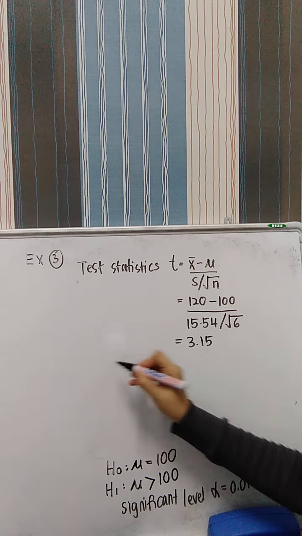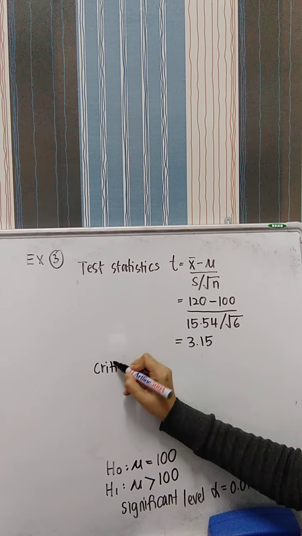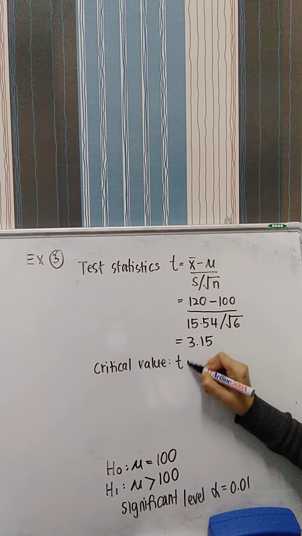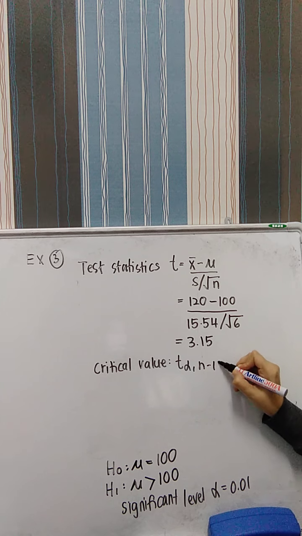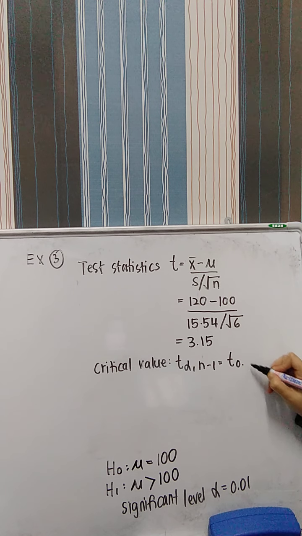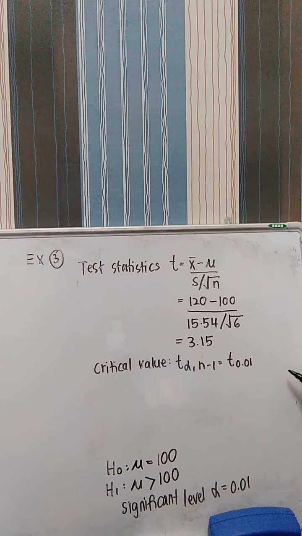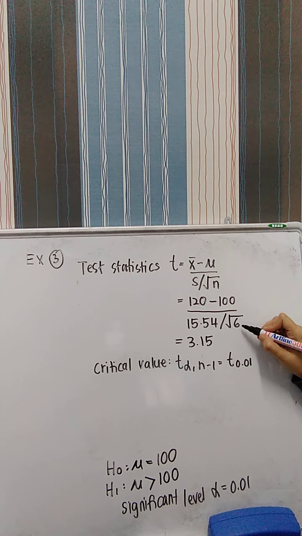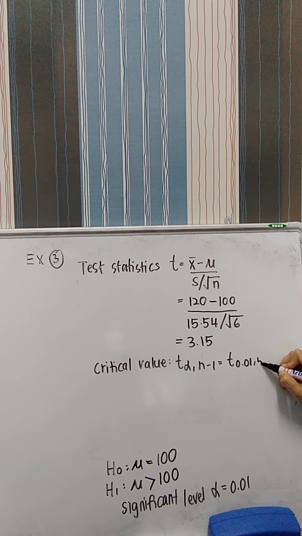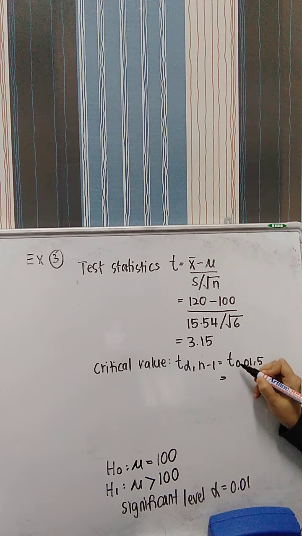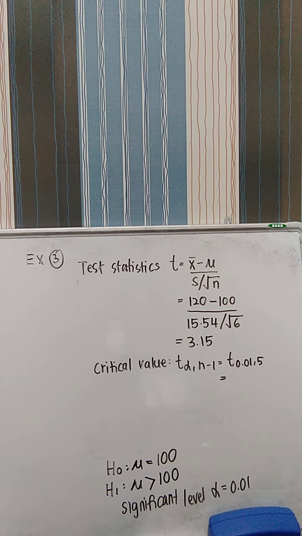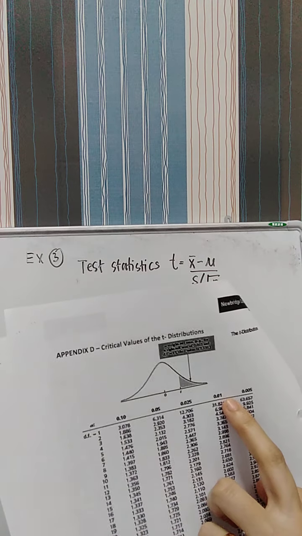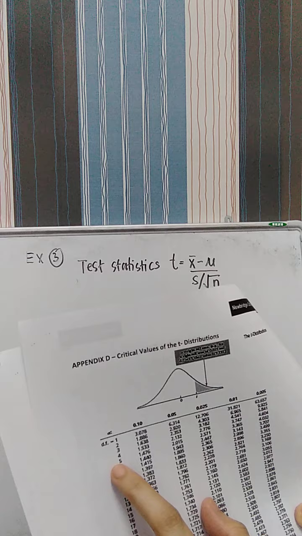Then the next step is the critical value. Critical value means t alpha, n minus 1. So t 0.01, the alpha given, and n minus 1. You have n equal to 6, but you need to minus 1, so 5 only here. So t 0.01 and 5, you read from the t table. 0.01 here and the value of 5 on your left here.